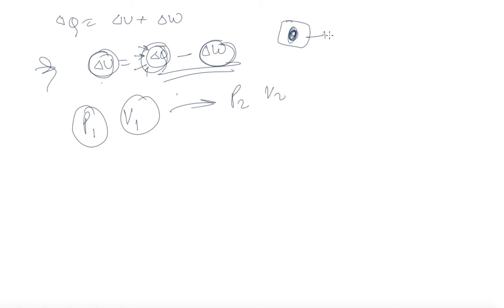Also, you can understand this in a very different way. Say the system may go from an initial state to a final state in a number of ways. Say this system has a pressure of P1 and a volume of V1. Now this can be converted into a pressure P2 and a volume V2. Say this is an object in a container, it has some volume V1 and is experiencing some pressure P1.